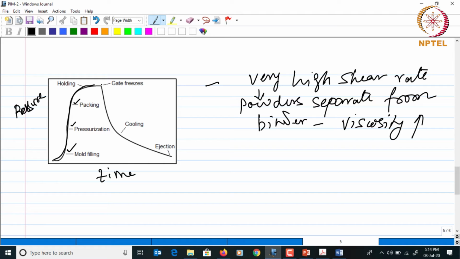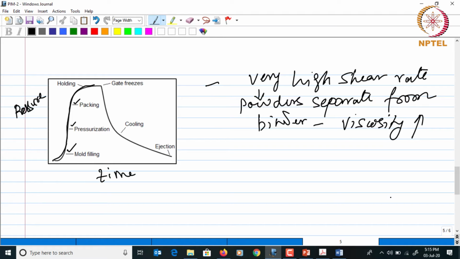Because here the binder is in liquid condition, so when it will solidify and the plastication will take place, then it will contract, and as it contracts, the pressure has to be held high in order to make sure that the contraction is compensated, so that the dimensional tolerances can be maintained and a proper defect-free component can be produced at the end of the PIM cycle.